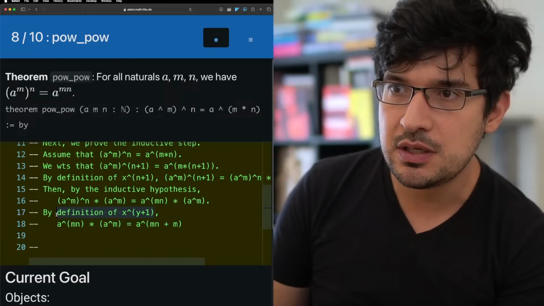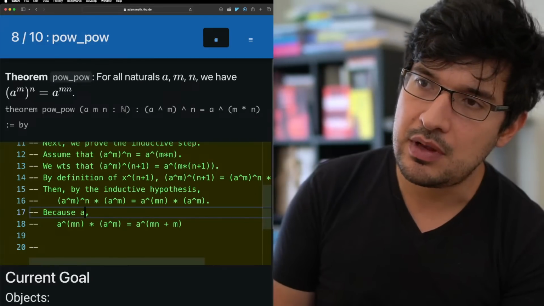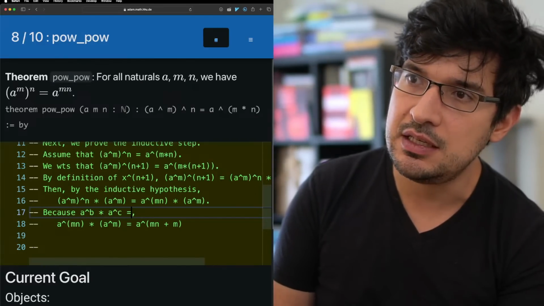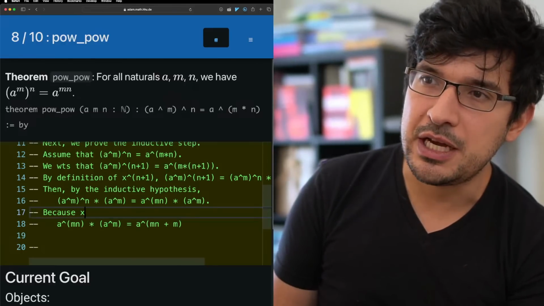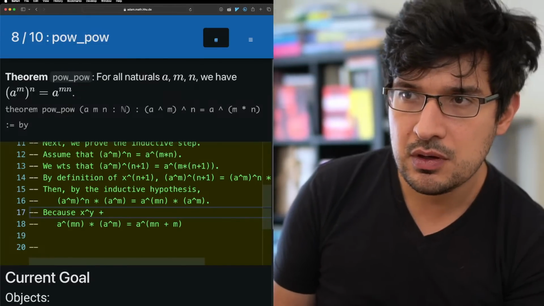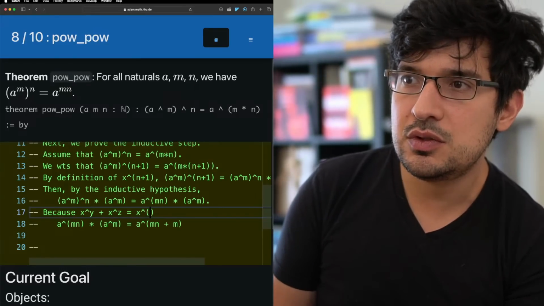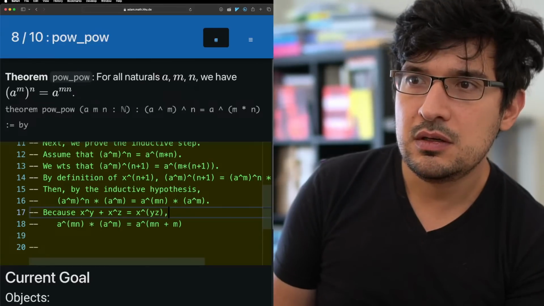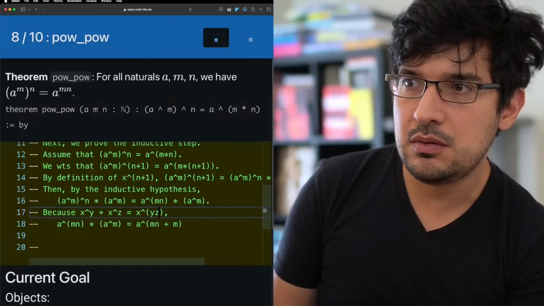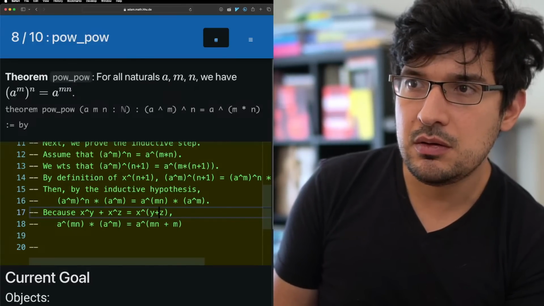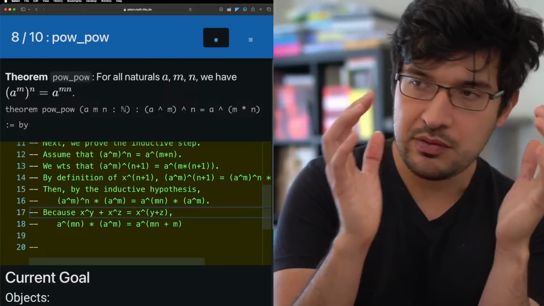This isn't a definition, but it's because a to the b times a to the c equals, let's use x, y, and z because those are unbound variables, x to the y times x to the z equals x to the y plus z.